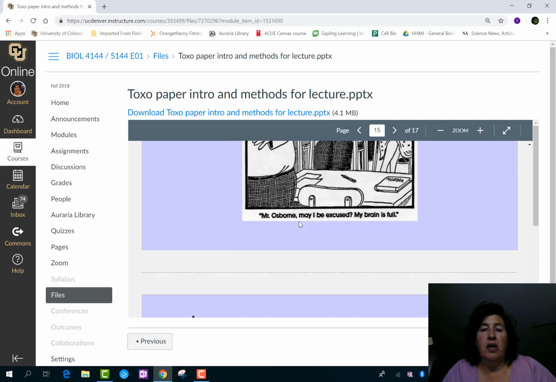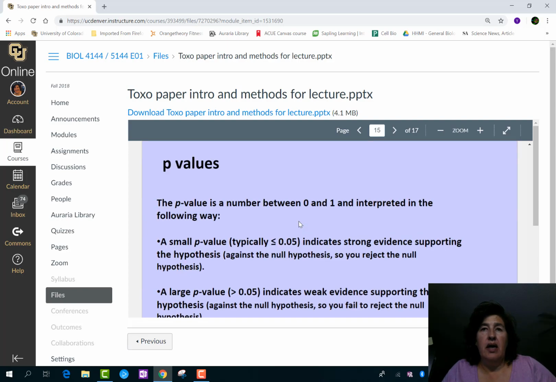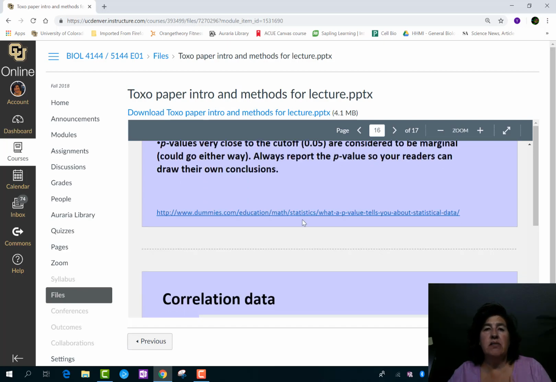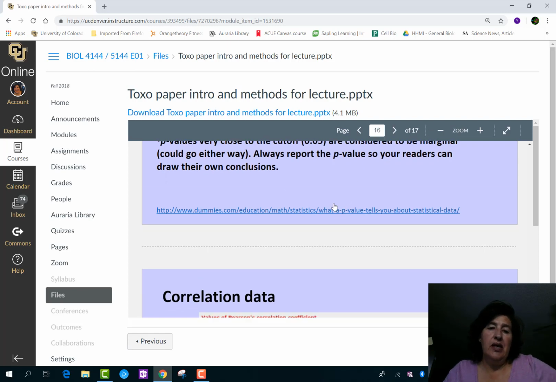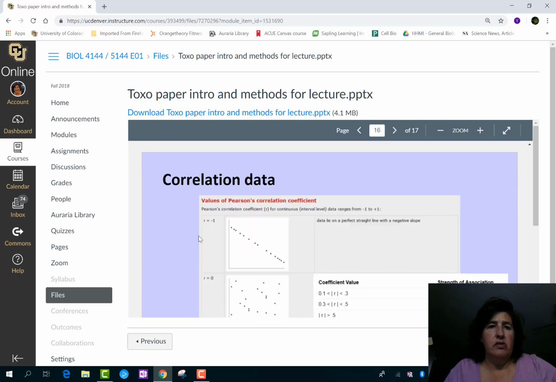Your job as a group is to help each other understand the different figures and the data, discuss, do you agree with the conclusions they came to, do you have questions about the results? So I want this to be a very dynamic, interactive discussion each week.